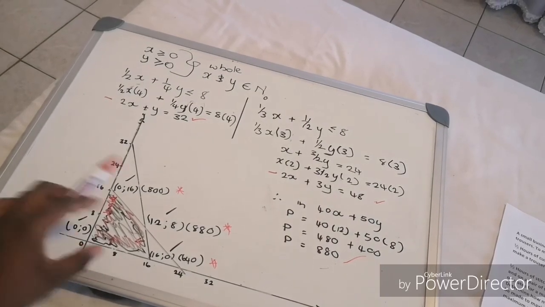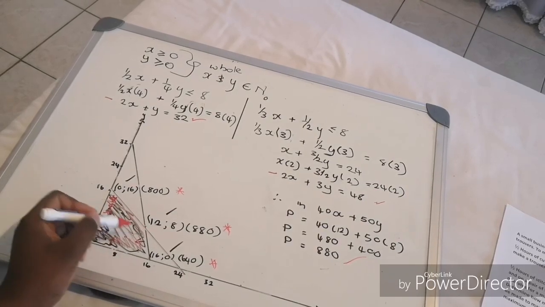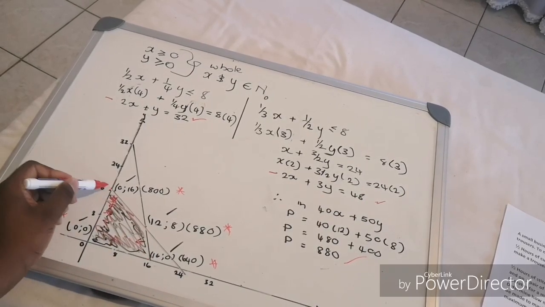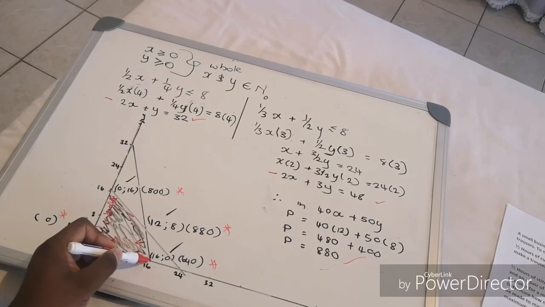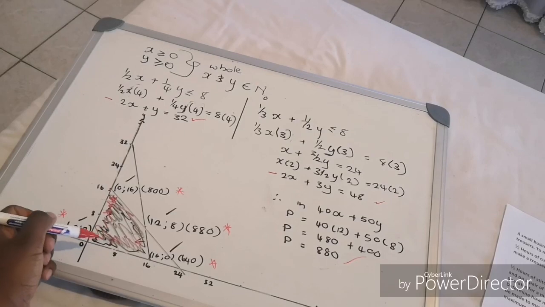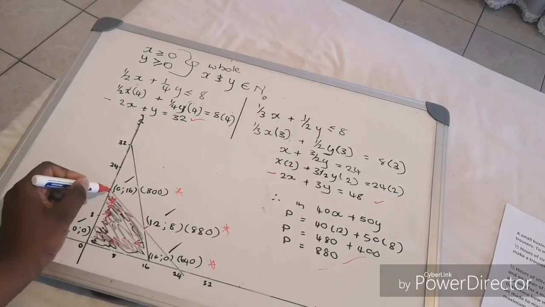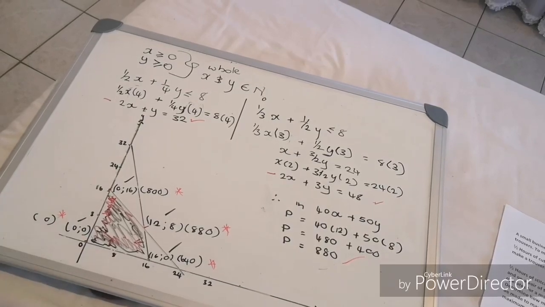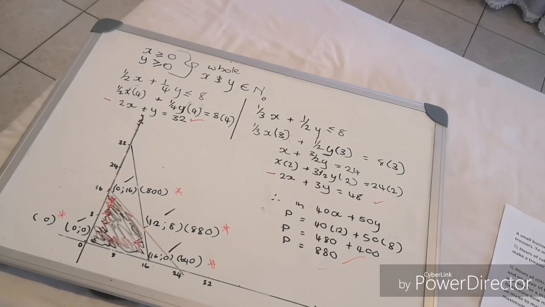So now the vertices, or rather the points where the graph meets, or where more than one line hit each other within the feasible region, are considered our vertices. So now you need to take the points of the vertices and substitute them into the objective function.